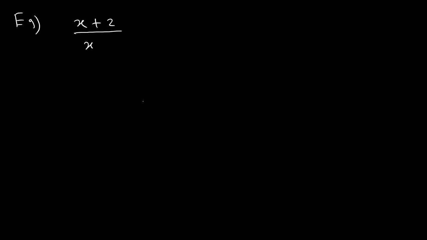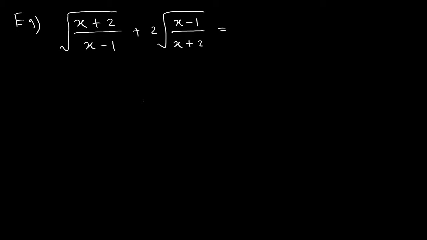The square root of (x plus 2 over x minus 1) plus 2 times the square root of (x minus 1 over x plus 2) equals 3. So it looks a little scary, but we can still do it the same way. We're going to say let u equal this term, the square root of (x plus 2 over x minus 1). I'm going to write the whole term.